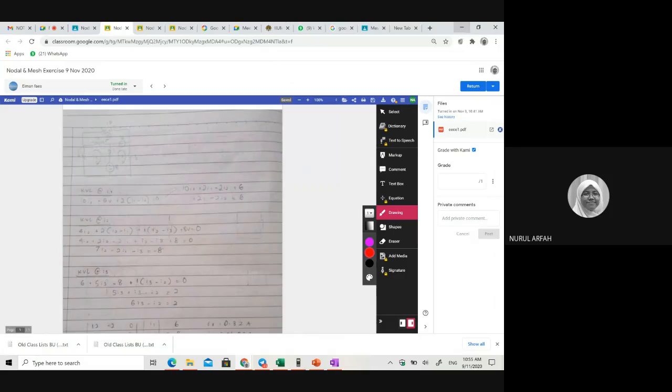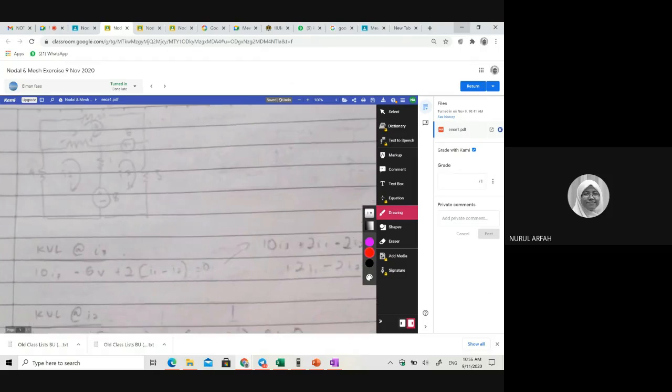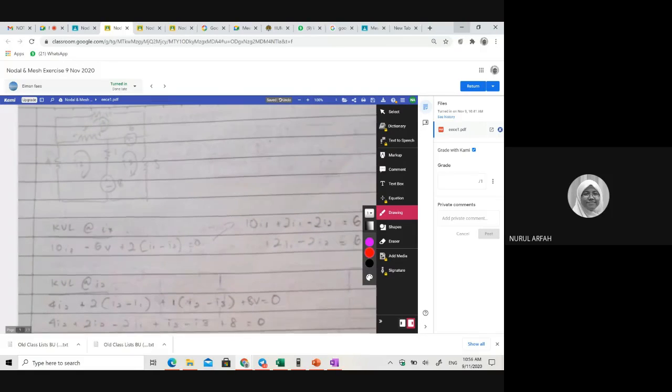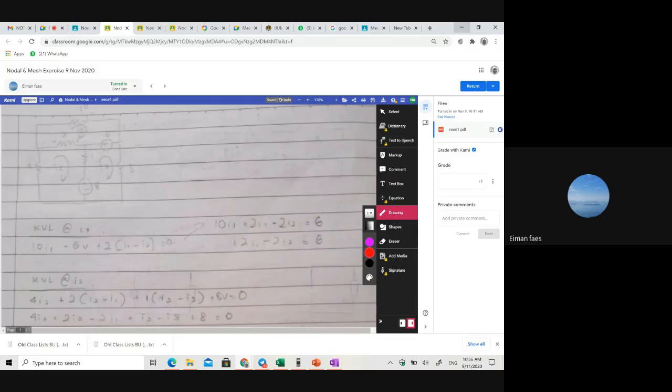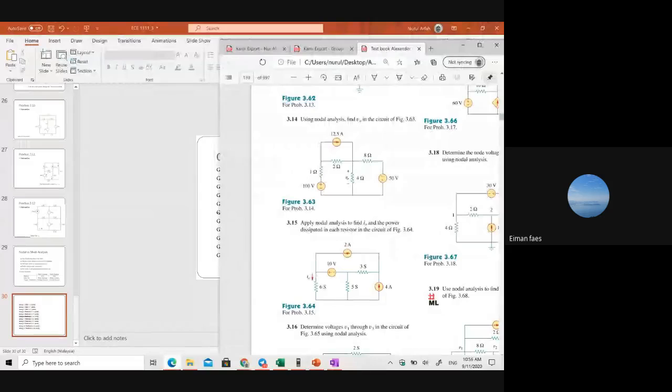Okay. Can you see it? Which group is this? 8. Group 8 from textbook 3.41.